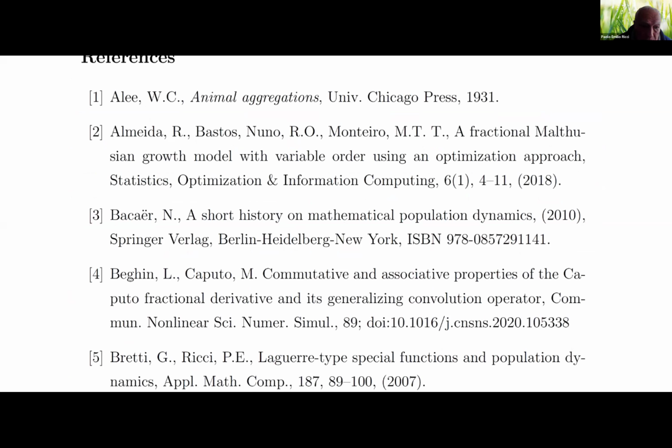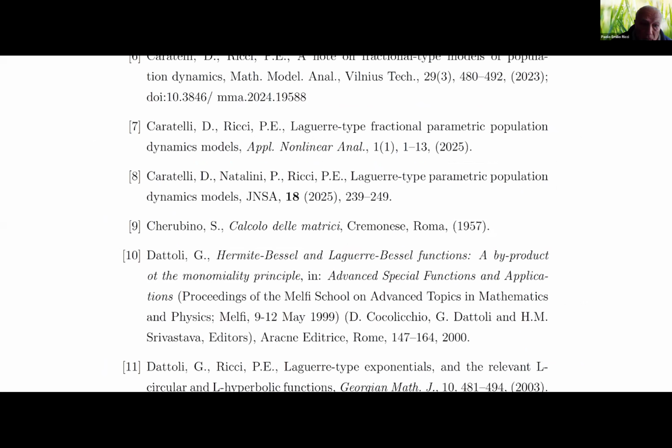And we use the paper by Caputo for the definition. We also have, in past times, some special cases, the study of Laguerre-type special functions in population dynamics, and also several papers by Caratelli and myself.